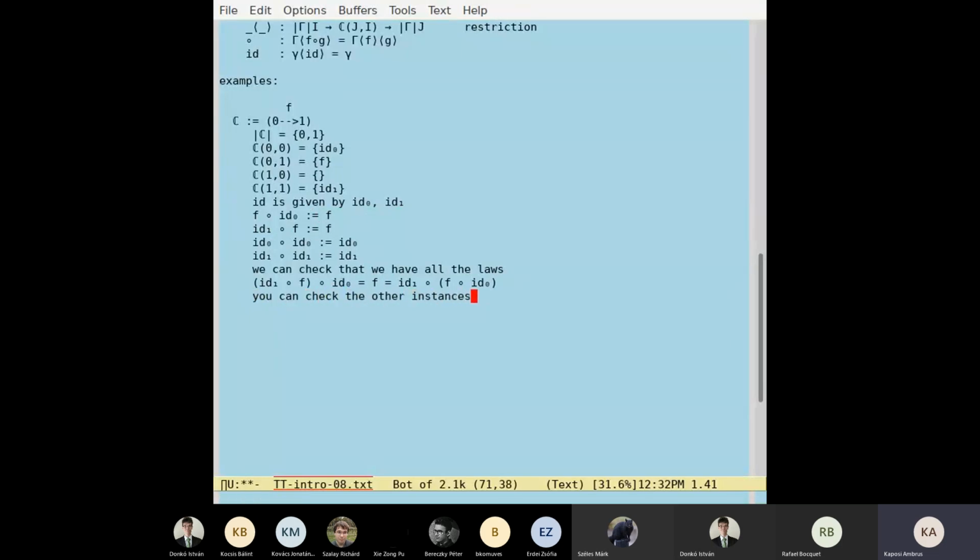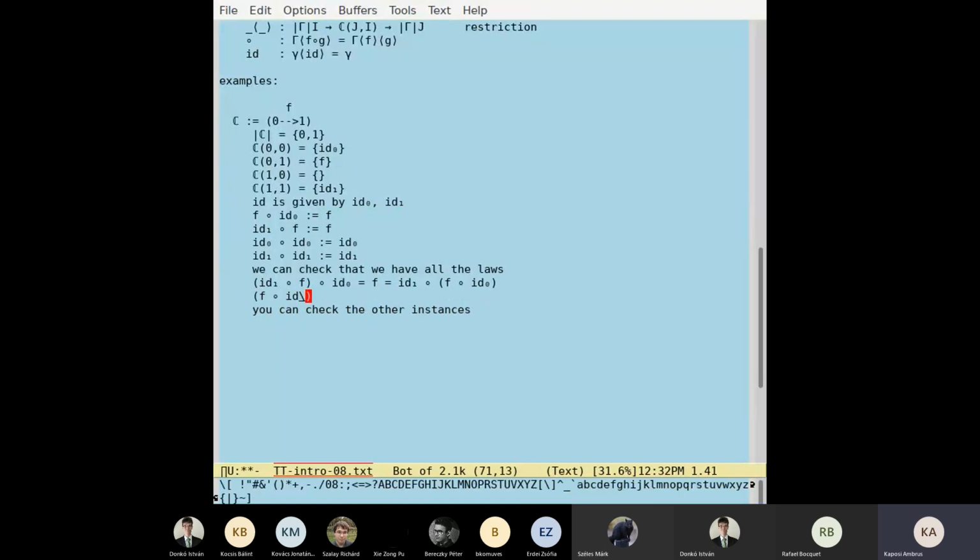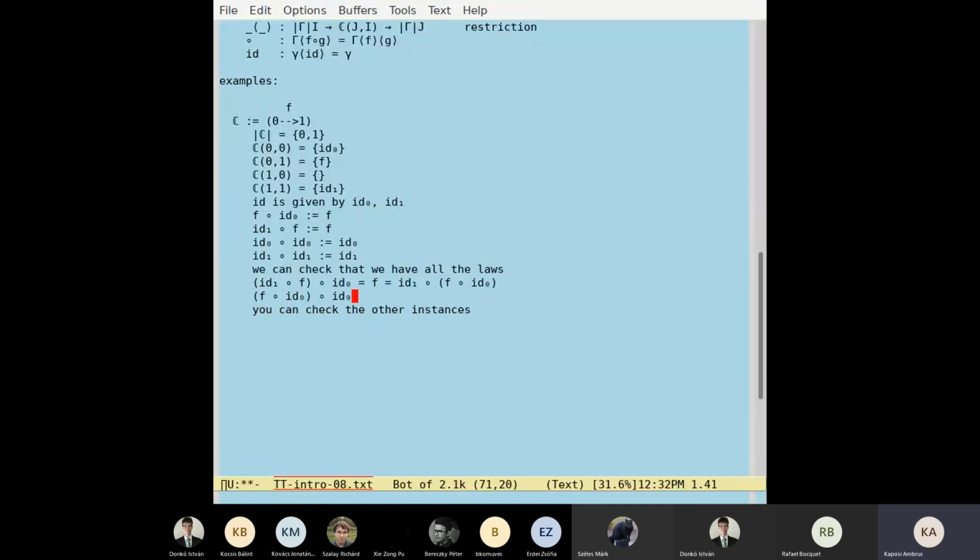You can check the other instances as well, which are also quite trivial, like F composed with ID 0, composed with ID 0, and so on. The only non-trivial cases for the identity laws are these two, which we already defined correctly. So we can say that this is indeed a category.